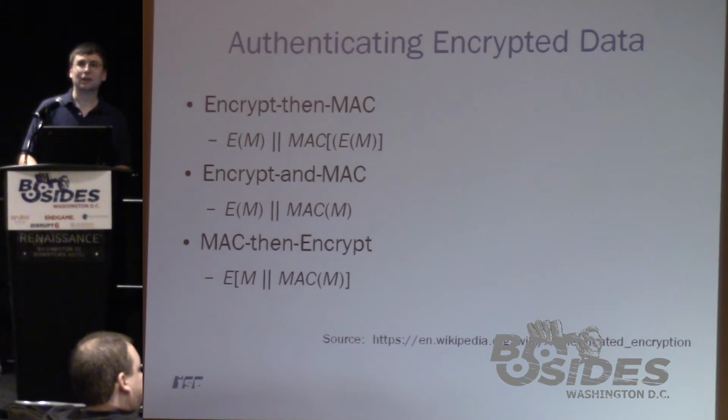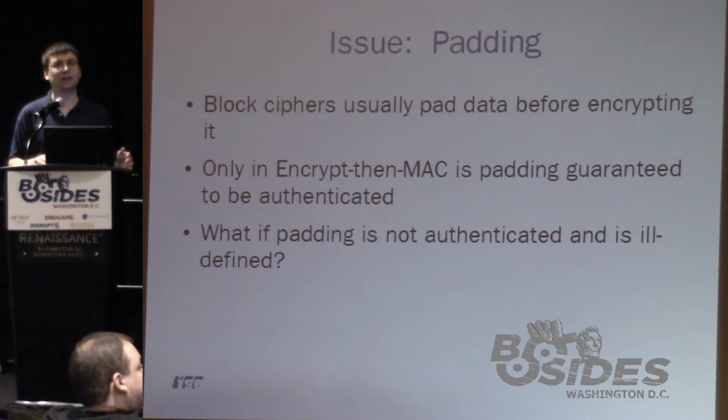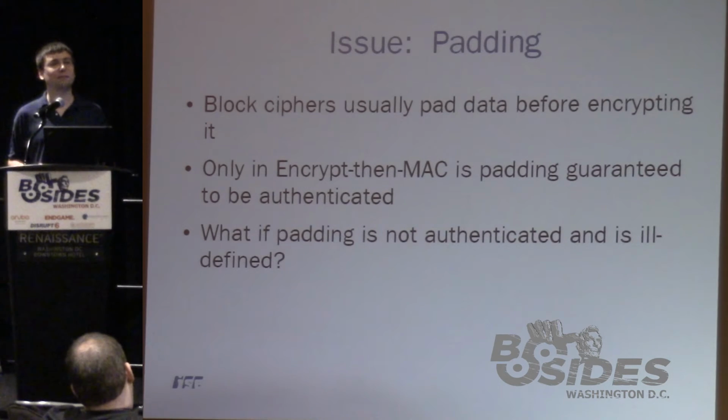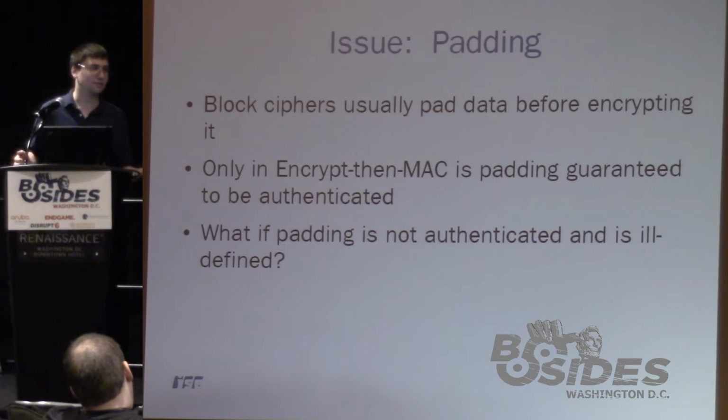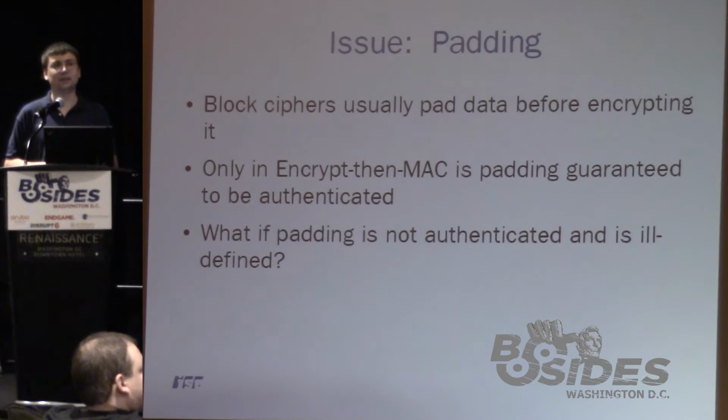The problem with the others is the issue of padding. If you hash or integrity check ciphertext and then encrypt, or if it's plain text and then encrypt, that plain text actually changed a little bit in the process of encrypting by adding padding. Block ciphers have to do this. Only in encrypt then MAC, because the encryption happens first, is the value of the padding covered by the authentication check.